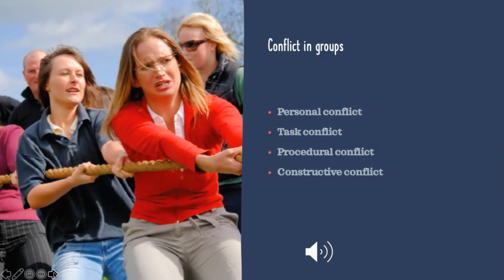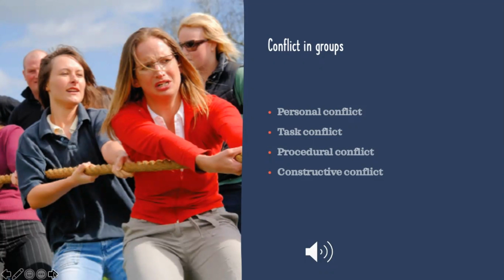Let's go through and give a brief definition of what these mean. Starting with personal conflict, it is a disagreement among group members related to differences in personalities and communication styles.